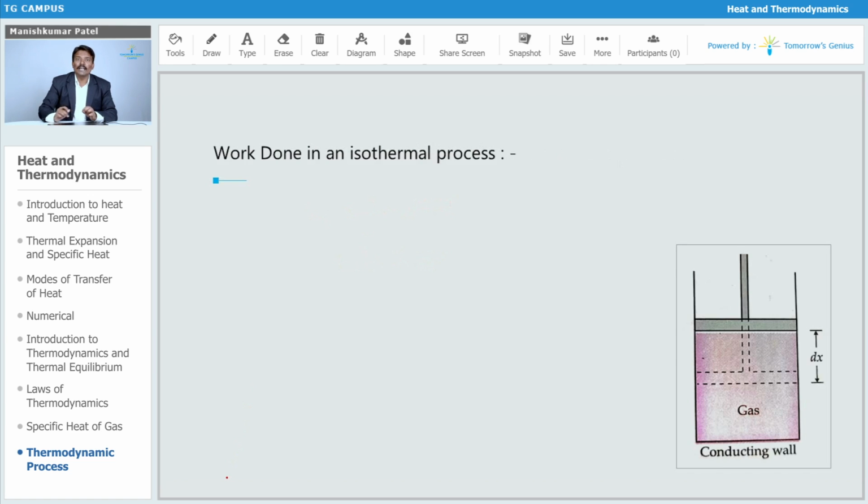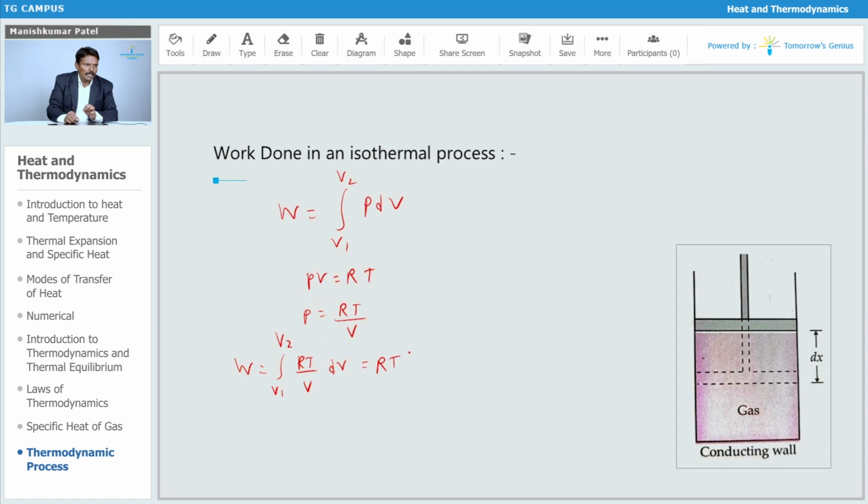So how we will find that work done, that we will study now. We know that W equals the integral of PdV from V1 to V2. Now we can write PV equals RT, so P equals RT upon V. So the work done is the integral from V1 to V2 of RT upon V dV, that is RT times the integral of dV upon V from V1 to V2.